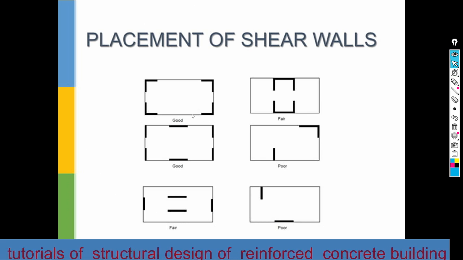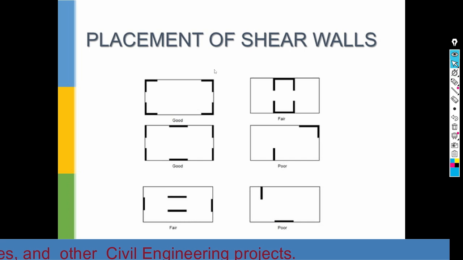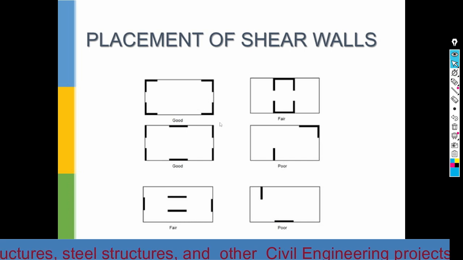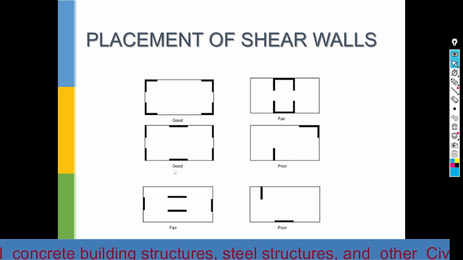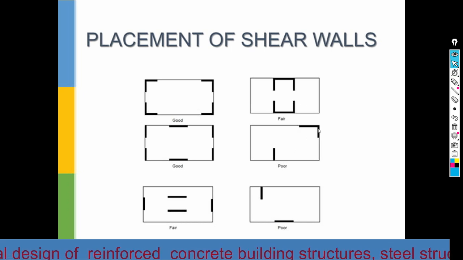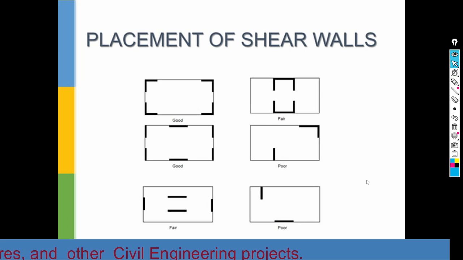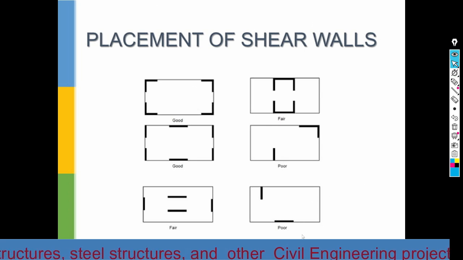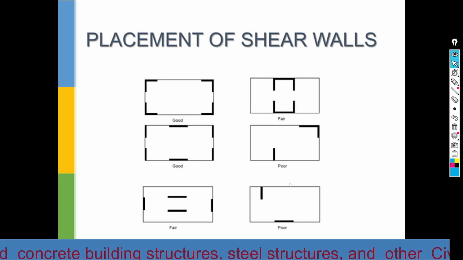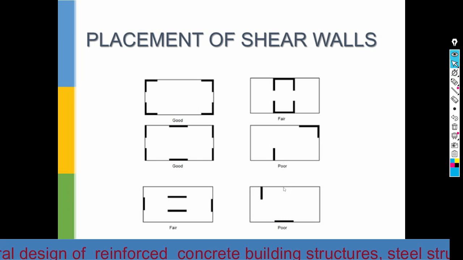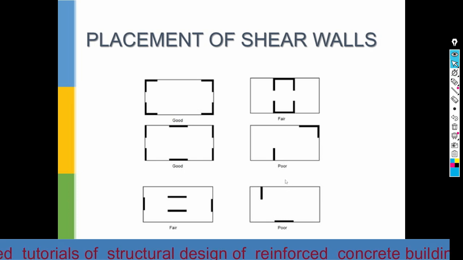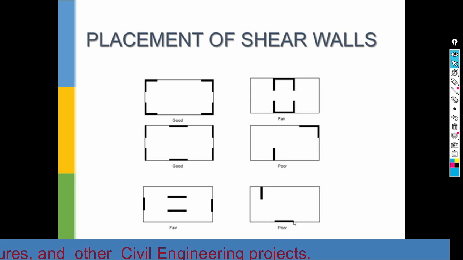This one is a symmetric arrangement, and this one is a symmetric arrangement, and this one is not. It is an unsymmetric arrangement, and this one is an unsymmetric arrangement. So walls must be symmetric as much as possible. If we place these shear walls just like this, it will be symmetric in one direction.